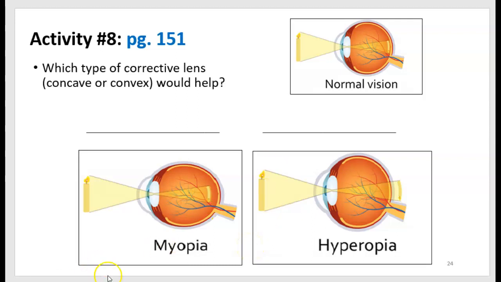Well, we would want to spread them out. So typically what we would do is give someone eyeglasses that are manufactured with a concave surface. And so the light rays will spread apart a little bit, so that this lens, when it does its bending, because it bends quite a bit, will cause the image to land on the retina. So that's the kind of lens we'd want to use, a concave.